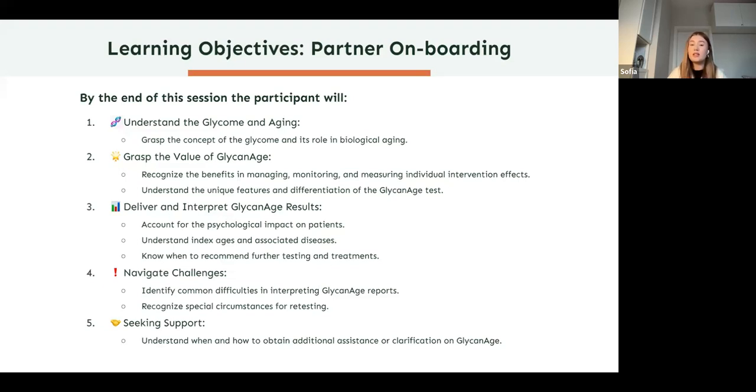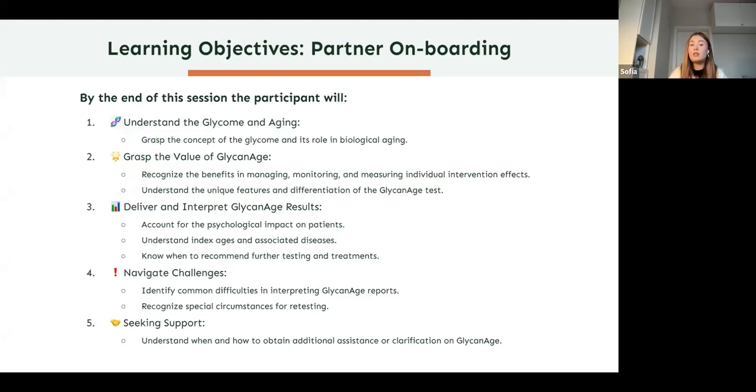So we want you to recognize the benefits in managing, monitoring, and measuring individual intervention effects. We want you to understand the unique features and differentiation of GlycanAge in comparison to other biological age tests on the market. We also want you to be able to deliver and interpret GlycanAge results.